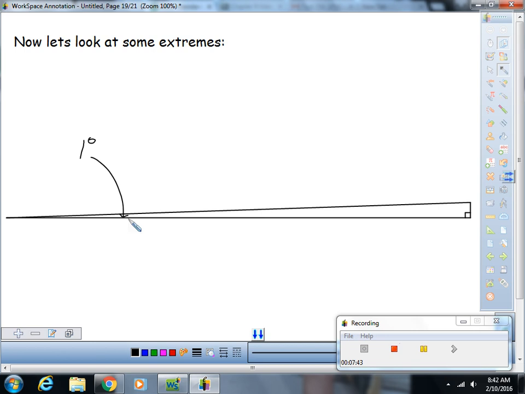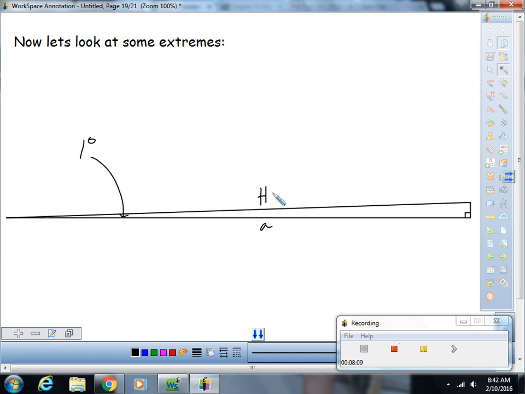It's really small. Okay? Does that make sense to you? What do you notice about the adjacent side compared to the hypotenuse? They're really close. Which one's longer? What would the angle have to be for the adjacent side to equal the hypotenuse? It would have to be 0 degrees.